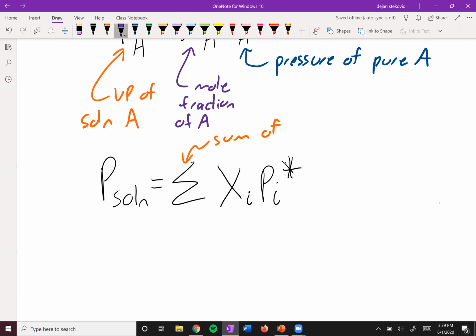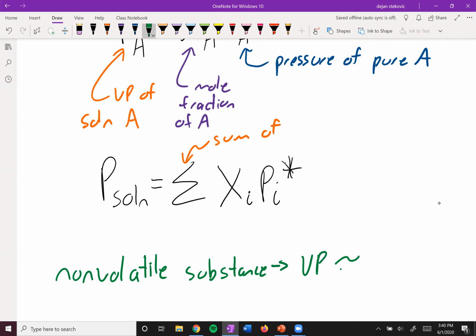And some compounds will not exhibit a vapor pressure, so those are known as non-volatile substances. If something is volatile, it means that it easily goes into the gas phase at approximate room temperatures. If it's non-volatile, then it doesn't, right? So for a non-volatile substance, the vapor pressure is approximately 0.